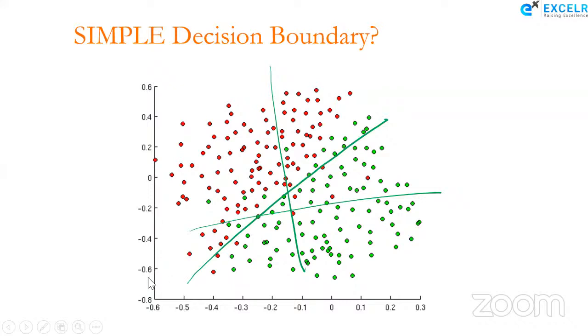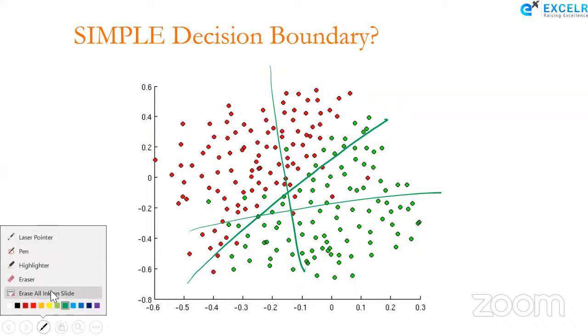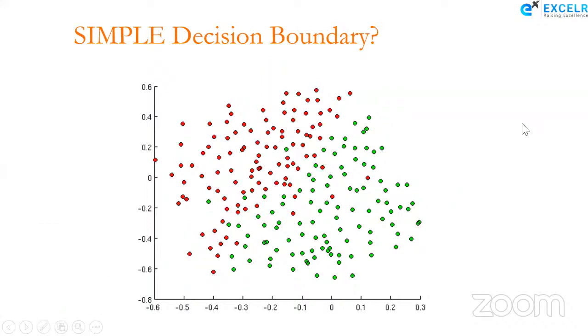You are saying non-linear, but I want to go for a simple decision boundary. When I say simple decision boundary, I will not go for a complex or non-linear one. Instead, I will go with a simple line which separates both of the data points. The orientation of the line should be such that I am able to cover the maximum number of data points of the same class on one side.